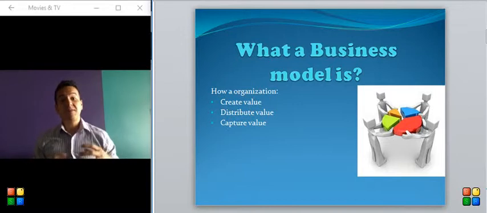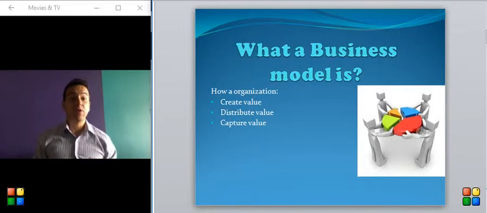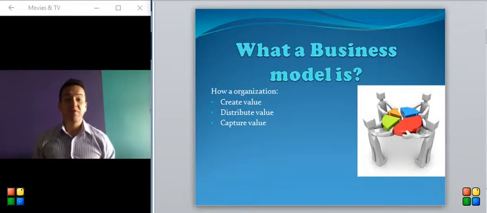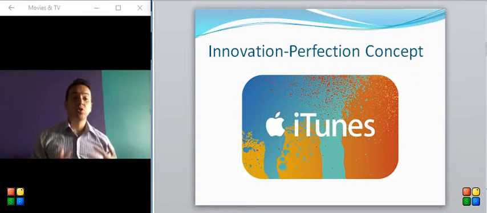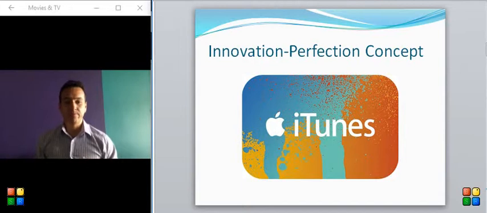Besides, there are many business model concepts. In this case, we are going to use the innovation and perfection business concept from Apple. To understand better what a business model is and this concept, we are going to use iTunes as an example.